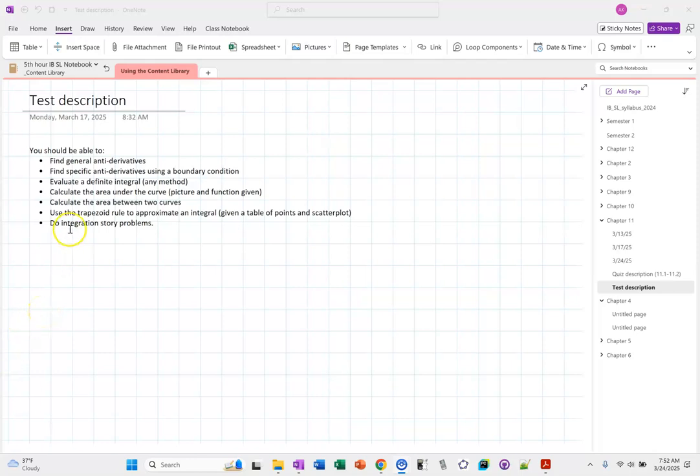So these first couple of things we're doing are looking at bullet points 1, 3, and 4.